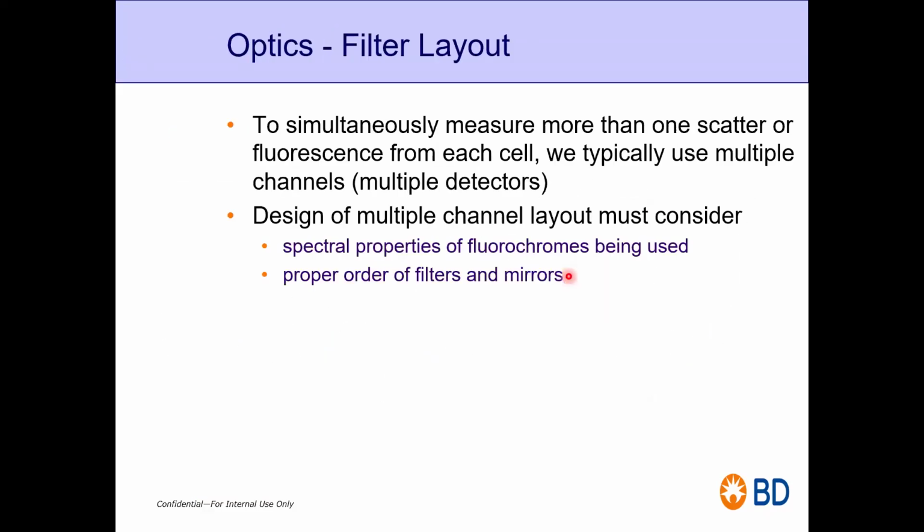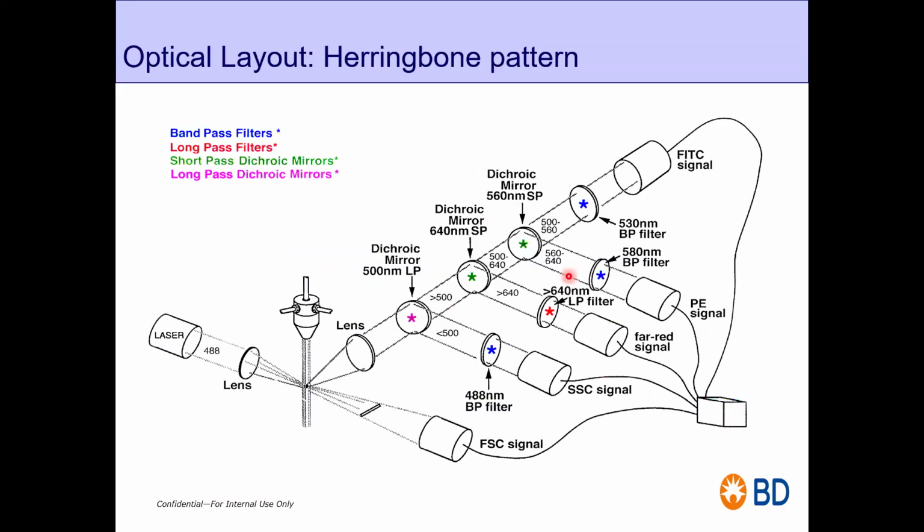So let's talk about the optical filter layout. This is a herringbone pattern, which was there, or is still there, in machines other than BD. In this pattern, light will hit one filter after another.